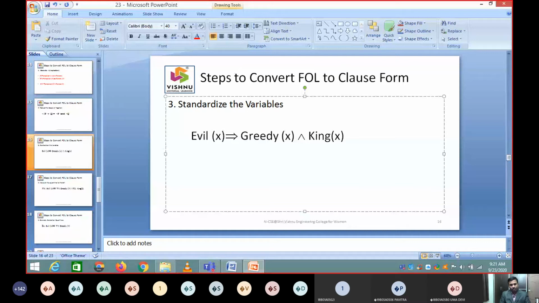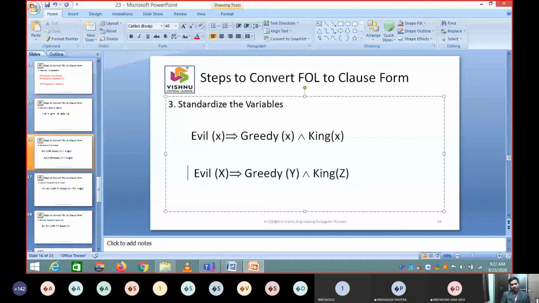This will be helpful when you apply this knowledge after some time, because all these x values, y values, and z values will change. Finally, you will be talking about some people: some people can be the king, the person who is greedy, or the person who is doing evil. So x will have some value at some point of time, and y will too.